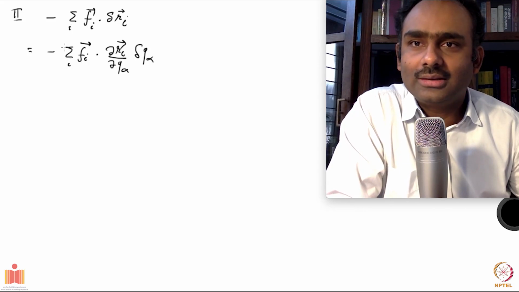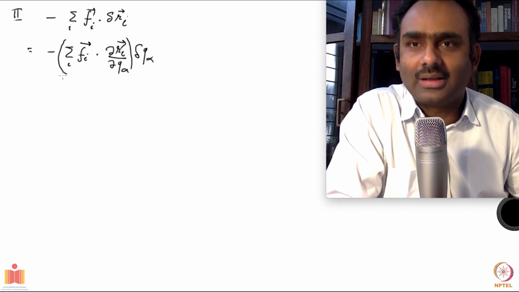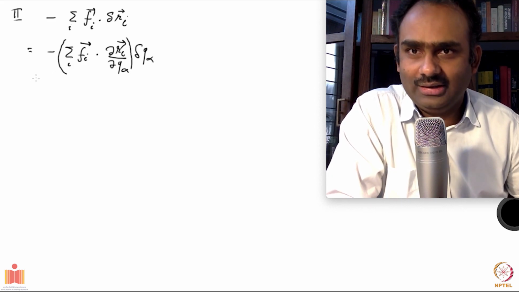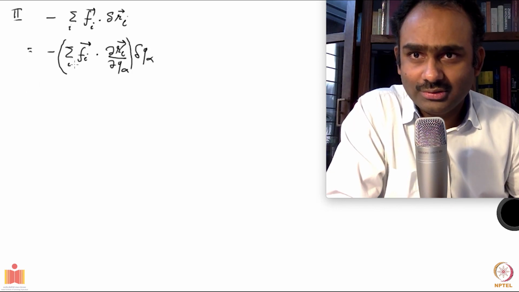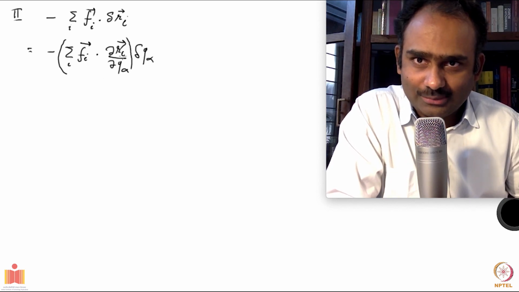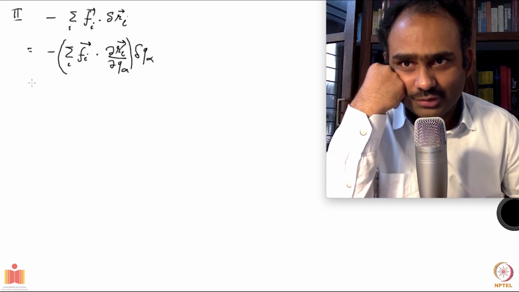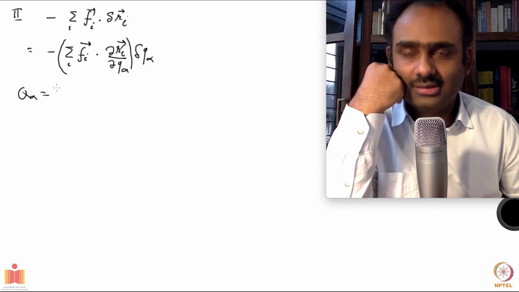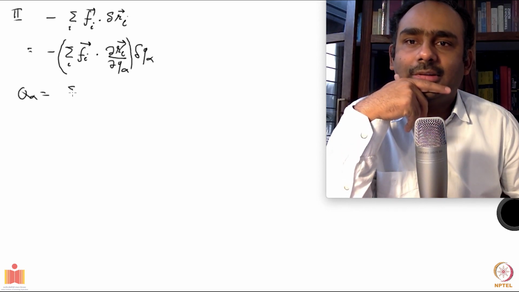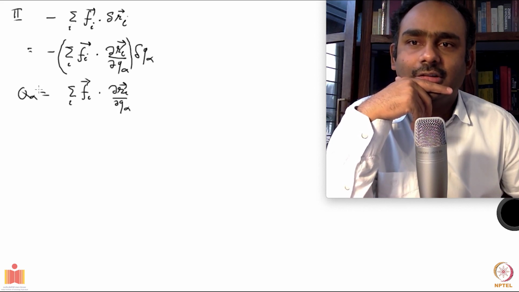Now look at this. I can define something called a generalized force. This part I will call Q alpha. You see the index i is summed over, so that's not a free index. Only the alpha index is free. So Q alpha is the summation over i of Fi dot del ri over del Q alpha, and that's the definition of Q alpha.